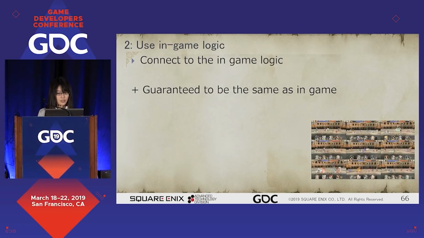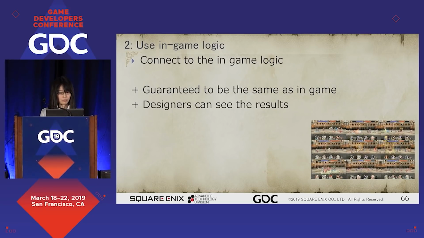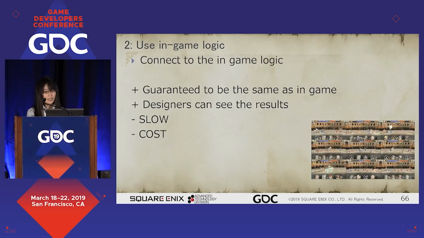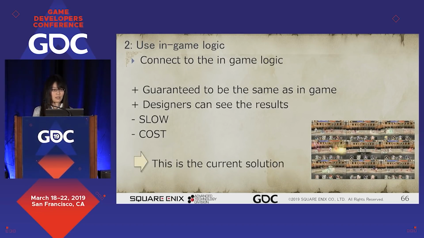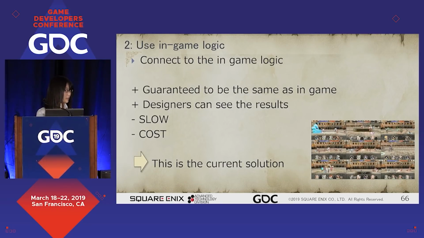Also, as I showed, the designer can see the battle using the replay function. On the other hand, it takes much time and many computing resources. We concluded that accuracy was the most important aspect for us, and currently we use this solution.